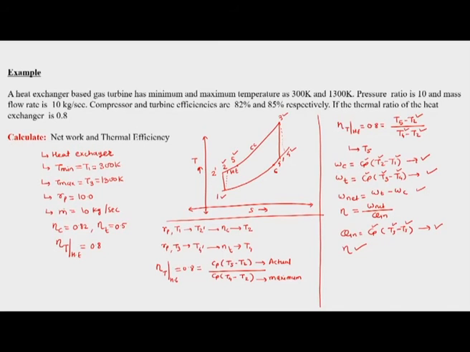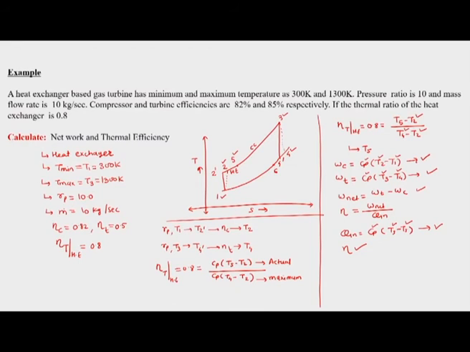Every component would have certain efficiency associated with it. In case of the heat exchanger, it will be called thermal ratio, and some people would call it effectiveness of the heat exchanger. This number is the actual divided by the maximum possible heat transfer rate.